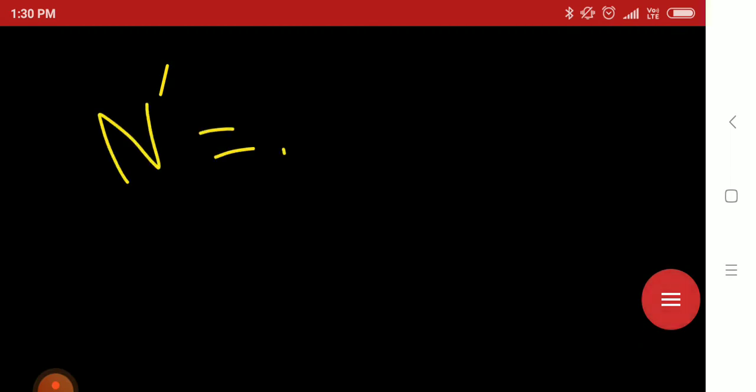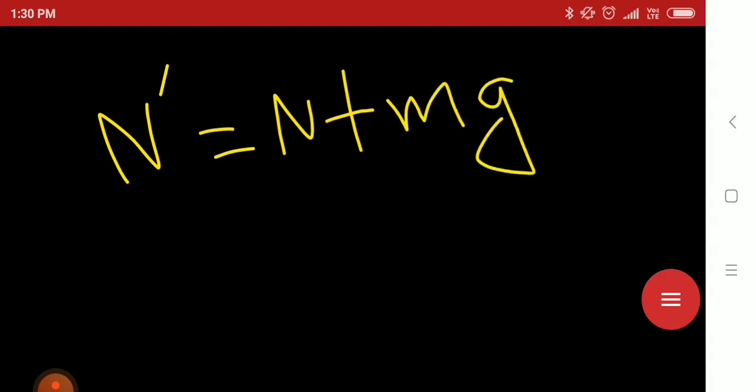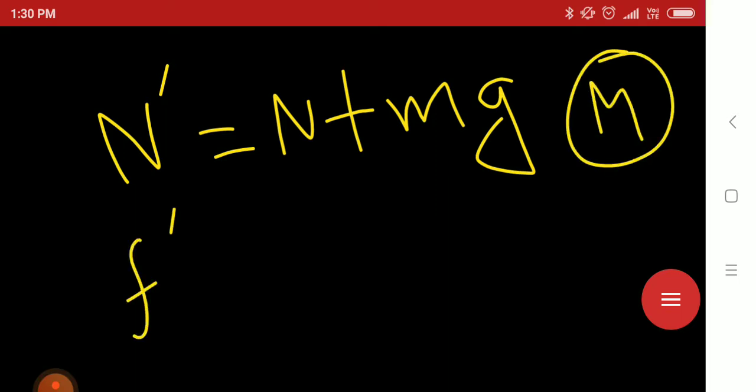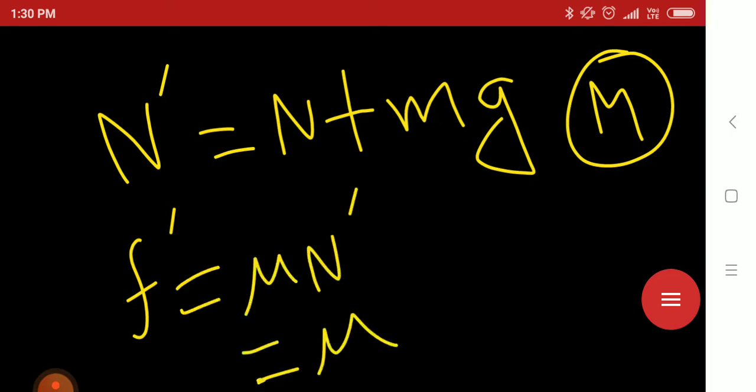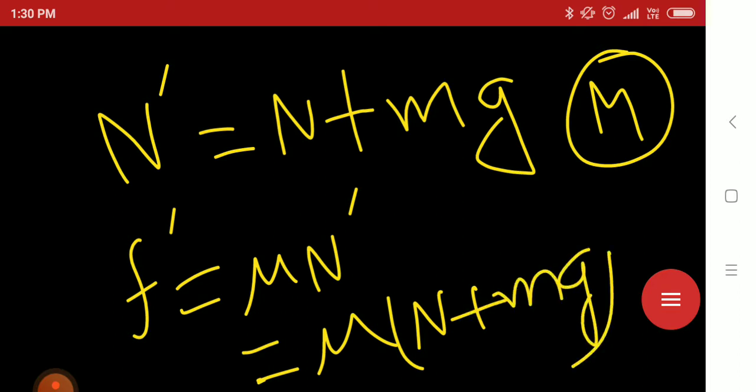N prime equals N plus Mg, and F prime, so frictional force on the capital M mass will be what? Mu into N prime, and mu into N prime means what? Mu into N plus Mg. N means what? N will be capital Mg.